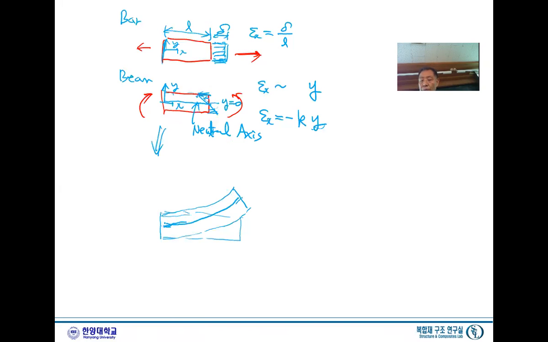So we call this y equals 0, and epsilon x will be 0. Now it is linearly compressed and in tension, and epsilon x is minus k y. But look at that, when we bend, there will be an angle change. I will call this theta, and from here to there, this is r.